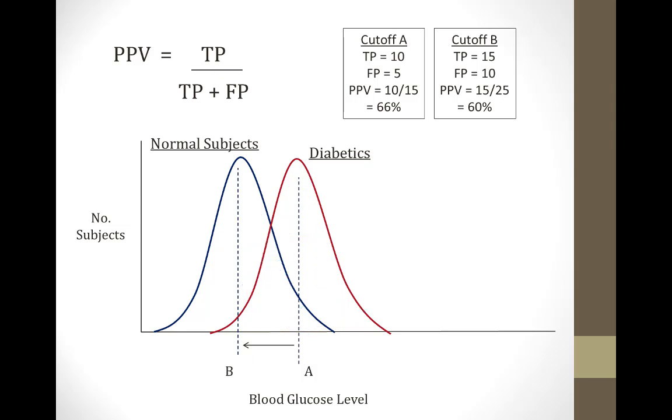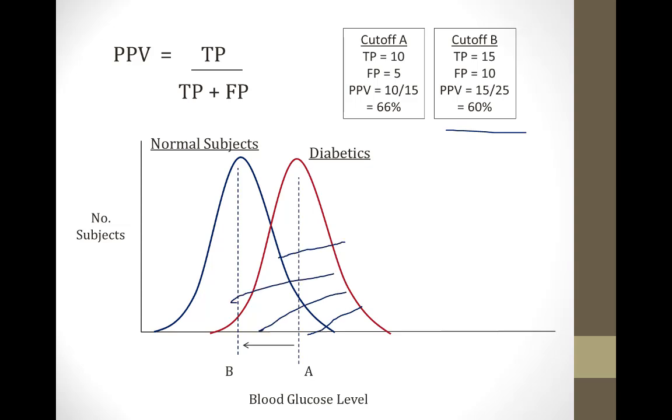If this doesn't totally make sense to you, I've done a little hypothetical math up here. So let's suppose we have cutoff point A. We have 10 true positives, and those are all these diabetics under the red curve right here, and 5 false positives, which are these small number of normal patients who are above the cutoff point. That gives us a positive predictive value of 10 over 15 or 66%. Now let's suppose we move to cutoff B. Well, now we've got true positives that have gone up to 15.